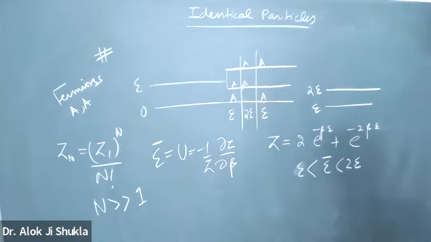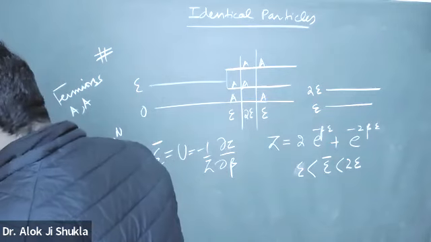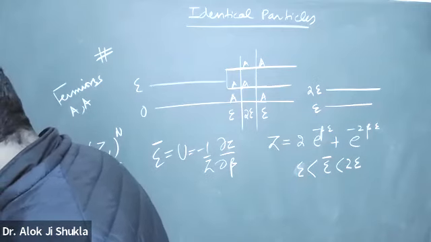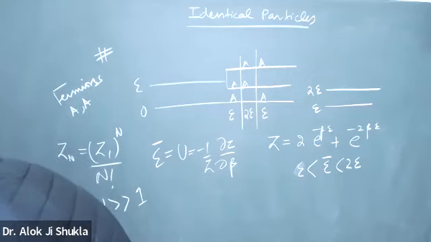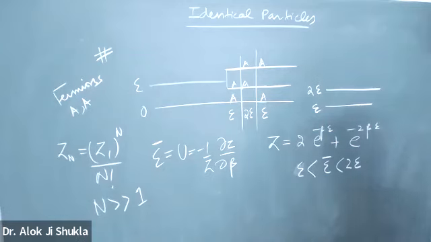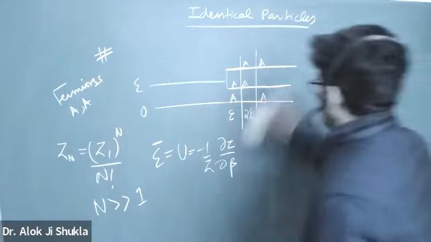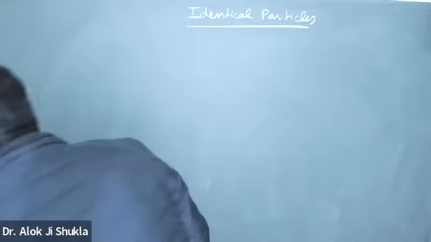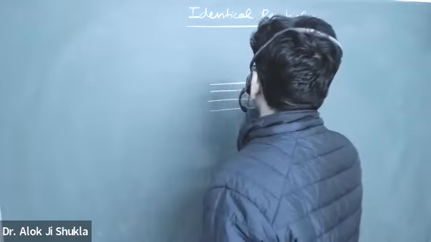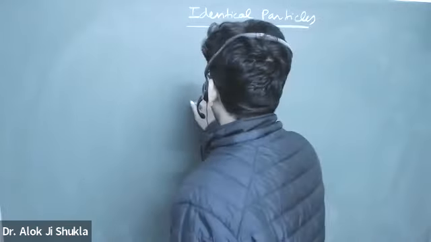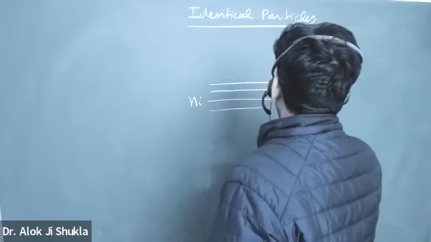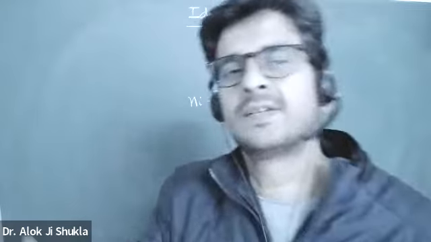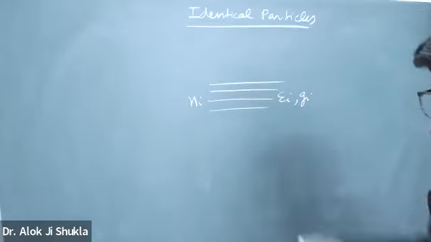And if you know the formula for calculating the number of ways in which the particles can be arranged, suppose there are many energy levels like this, and in every energy level there are Ni particles, and these are the degeneracies that are present.